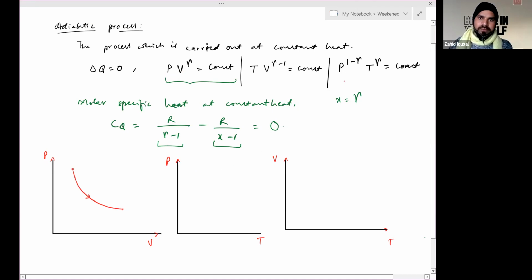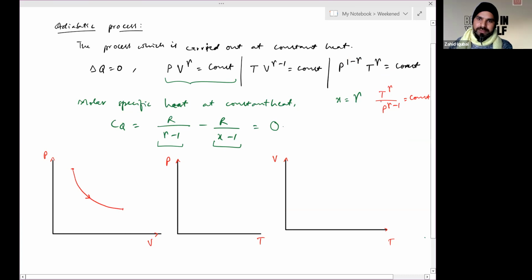In second part, for pressure and temperature, if you rearrange this last expression, you will get T to the power gamma divided by P to the power gamma minus 1 becomes constant. Since we have in this part 1 minus gamma and gamma will always be greater than 1, this particular exponent will be negative. You have to convert it into positive, so move this term to denominator, you'll get this expression.